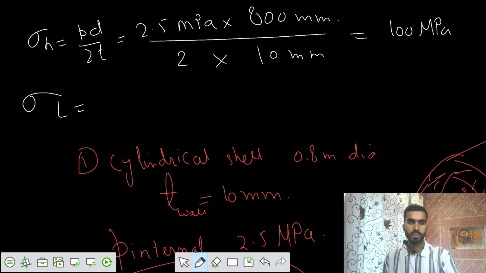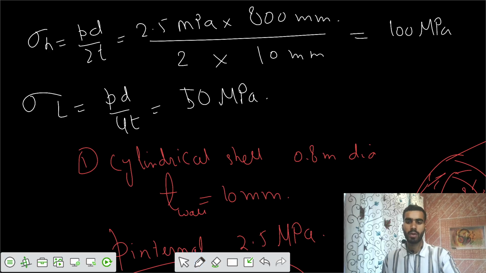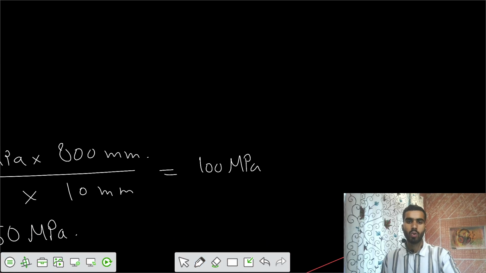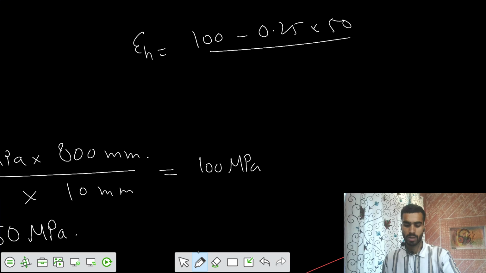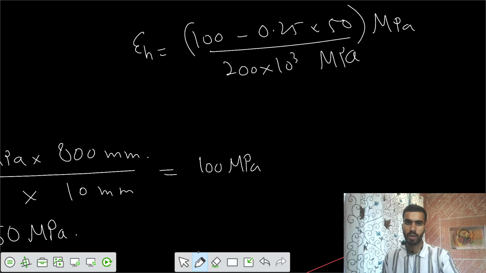The longitudinal stress would be half of that, because it's PD by 4t, so 50 megapascal. So now you can find the hoop strain: hoop strain equals (100 megapascal minus 0.25 times 50 megapascal) divided by E, which was 200 gigapascal. So you got the hoop strain value.